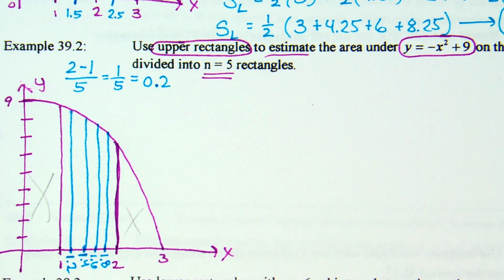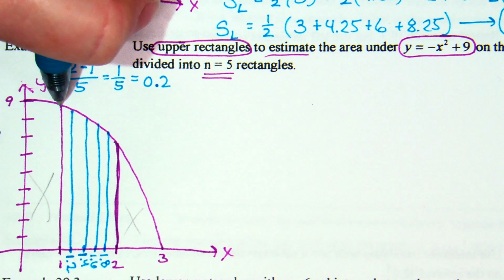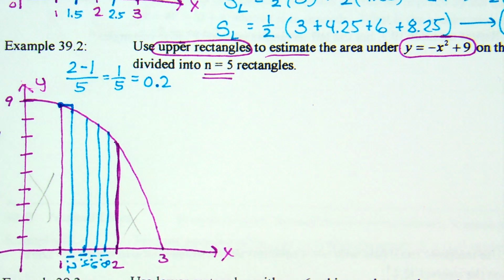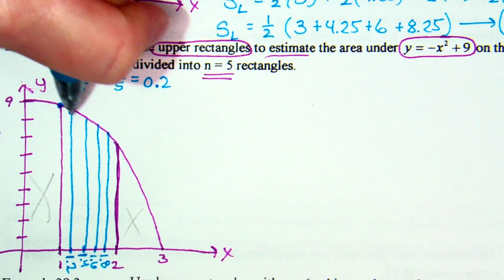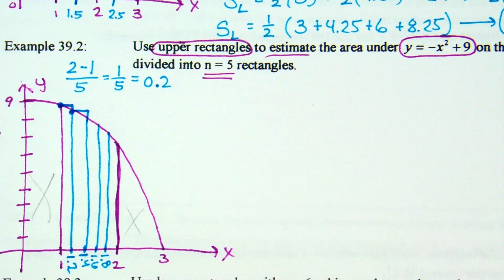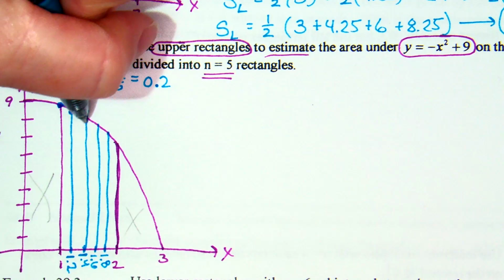Now, that means you could be left side endpoints or right side endpoints. But how do I make a rectangle outside? If it's going to be upper, I have an endpoint at 1, going over and down to 1.2. I have an endpoint at 1.2. Goes over to the right, goes down. Do you see how I'm making these upper?